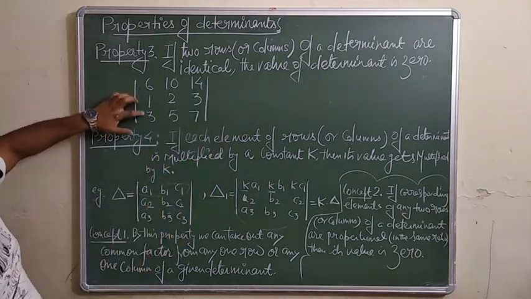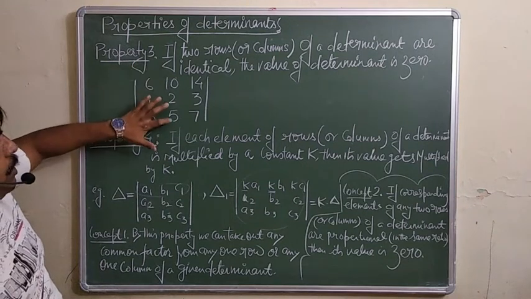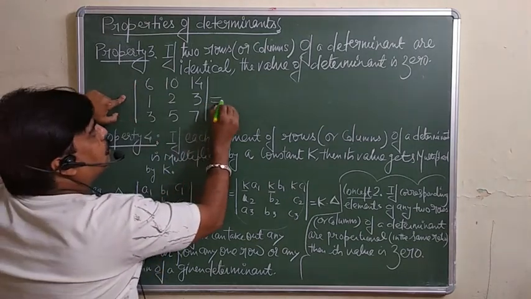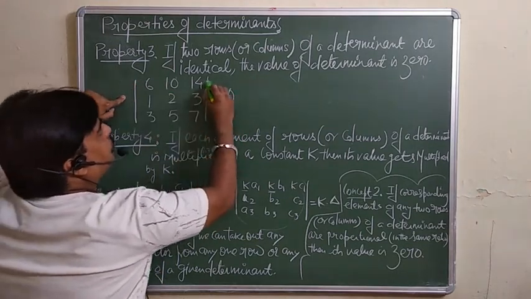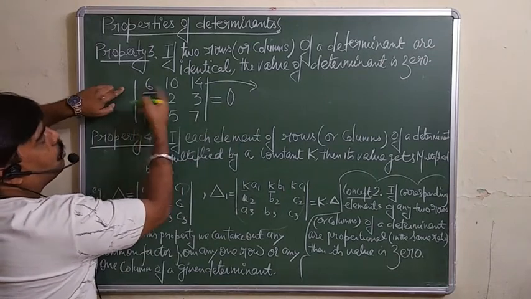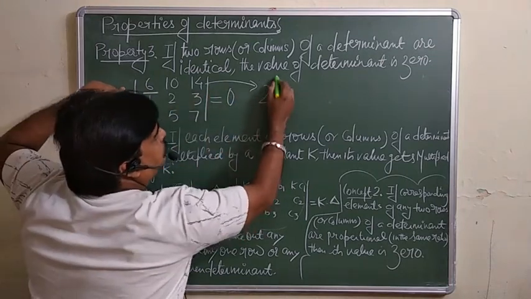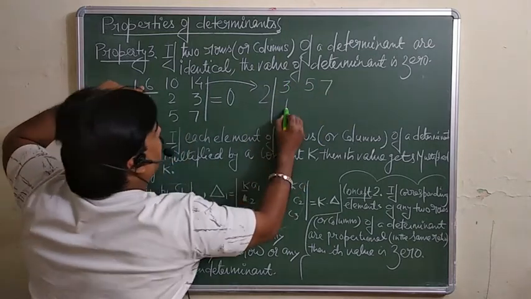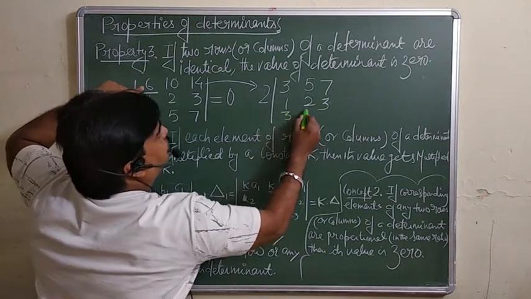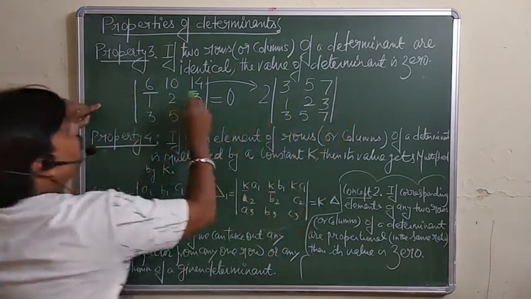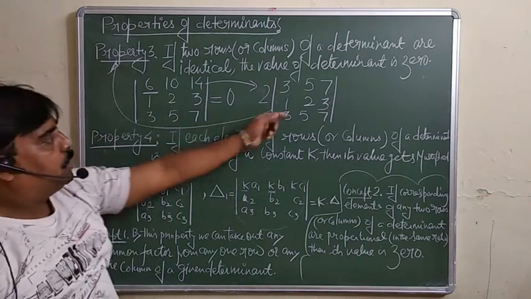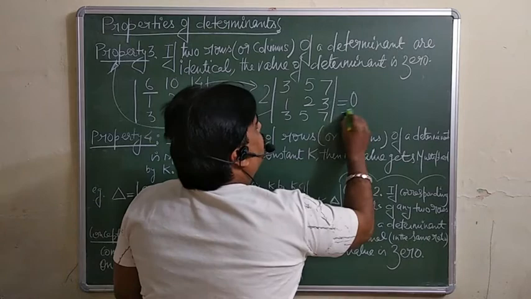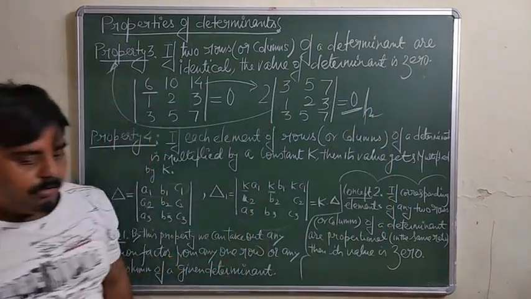See the ratio of these two: 6 by 3 is 2, 10 by 5 is 2, 14 by 7 is 2. Then the determinant of this will be 0, because you can take out 2 common from the first row, so you will get 3, 5 and 7, then 1, 2, 3 and 3, 5, 7. So ultimately we come to the third property: these two rows are identical. So the determinant of this matrix will be zero. Have a look.